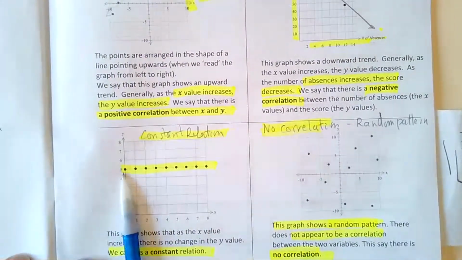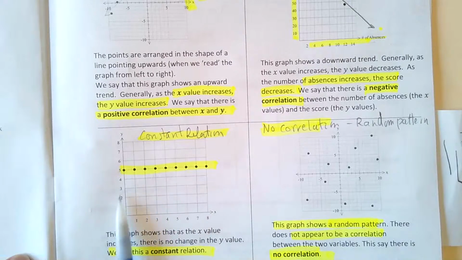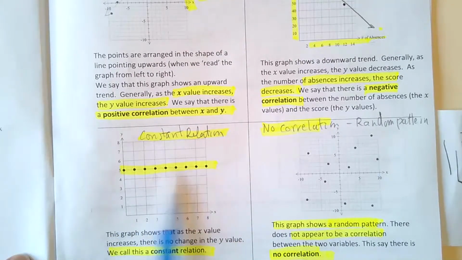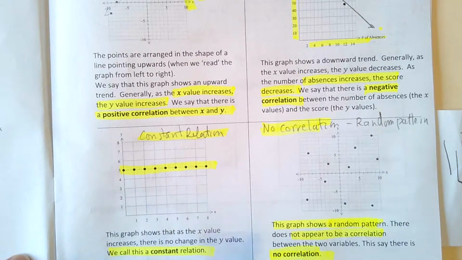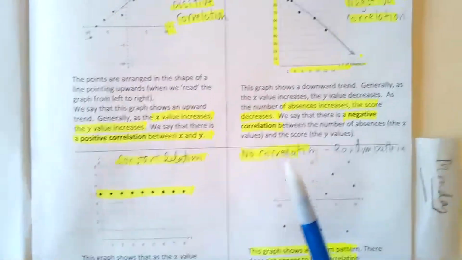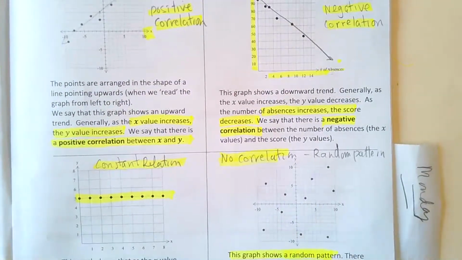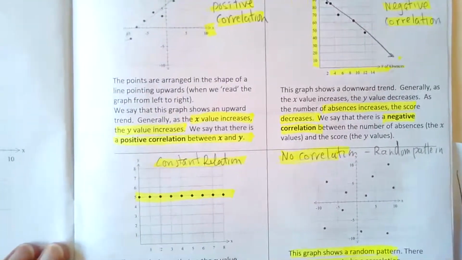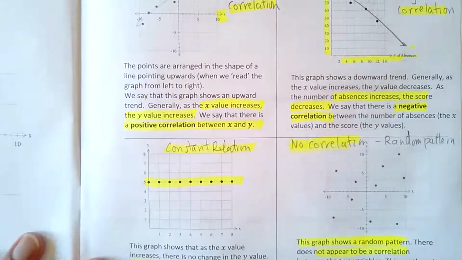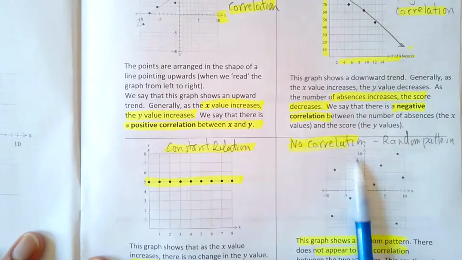Now, if it's a horizontal line, as x increases, y doesn't change, so we say it's a constant relation. Constant, it doesn't change. And if the data is so scattered that you cannot see any pattern in it, as in this case, we say there's no correlation.